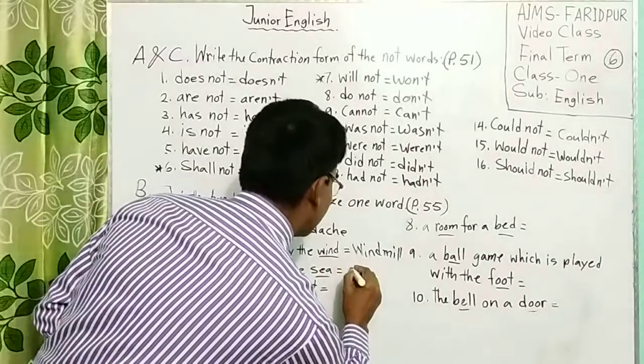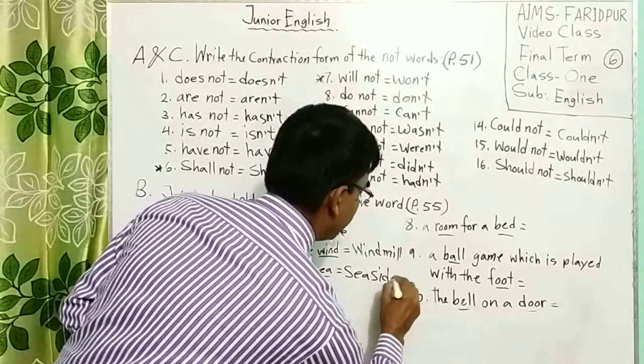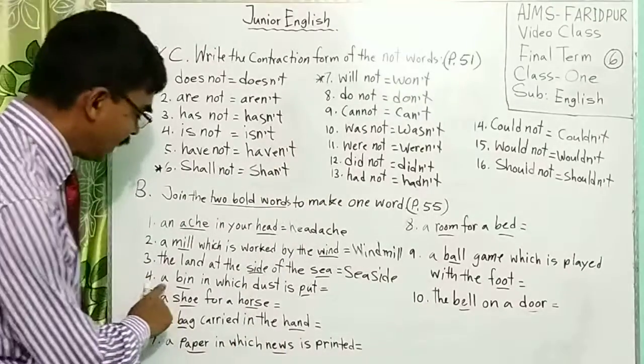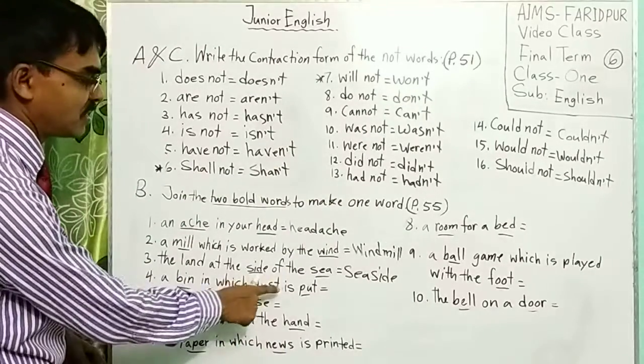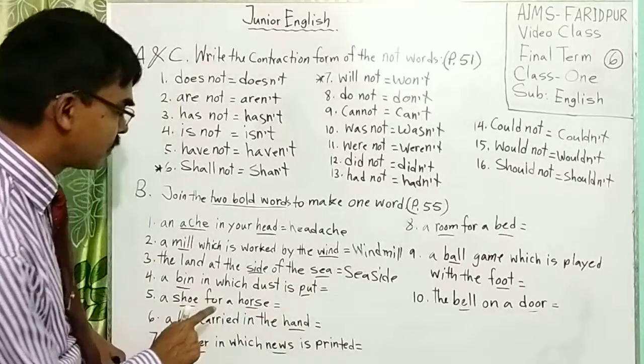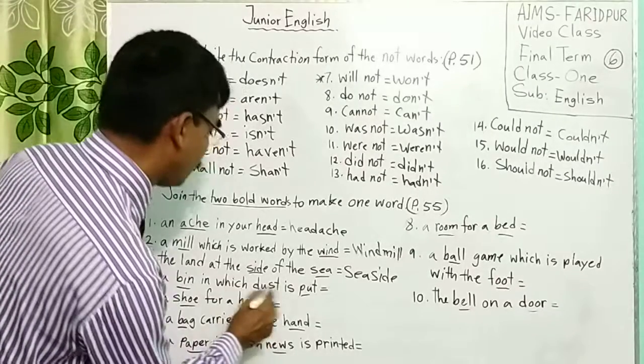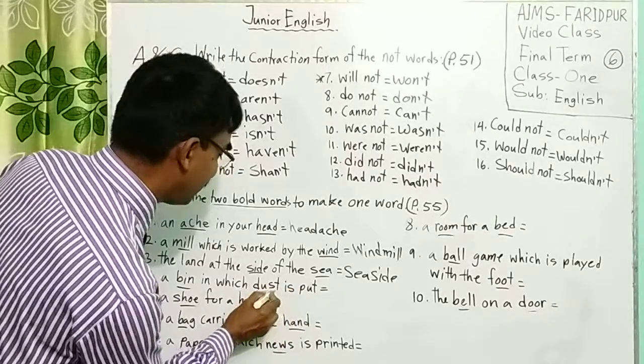Okay, then third number, the land at the side of the sea. Then seaside, S-E-A-S-I-D-E, seaside. Okay, then a bin in which dust is put. Then last word, dust. Oh sorry, here underline this one.